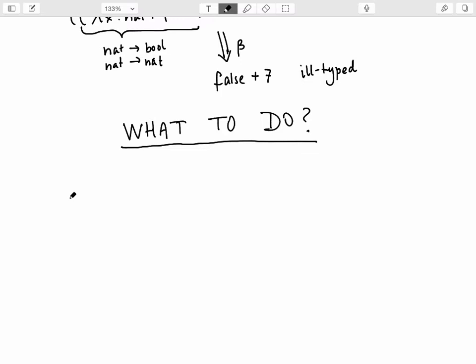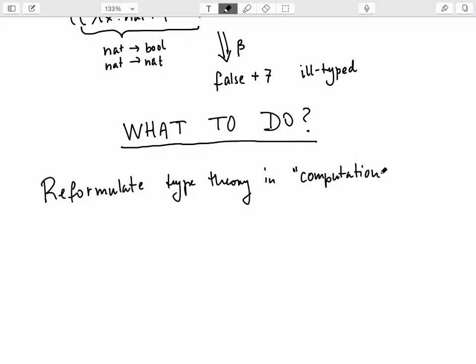So the work you need to do is reformulate the usual rules of type theory in, let me call it, a more computational way. Of course, this has been done by many people before.